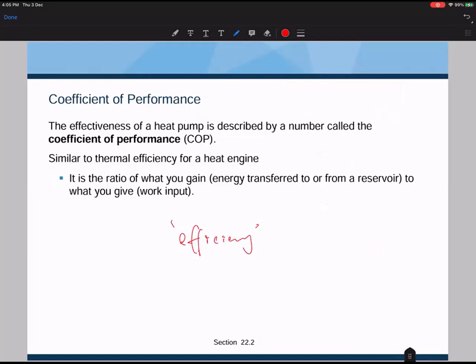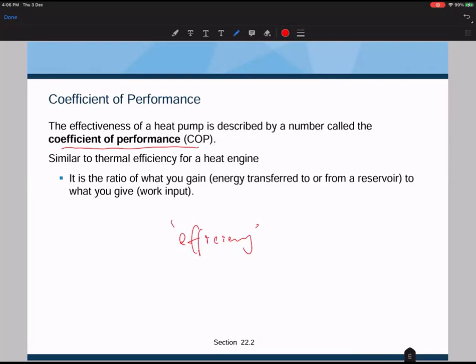So in the case of the refrigerator or heat pump, we have another term called the coefficient of performance to define the quality, if you like, the quality of the refrigerator or the heat pump.